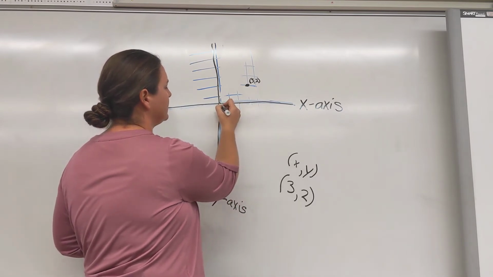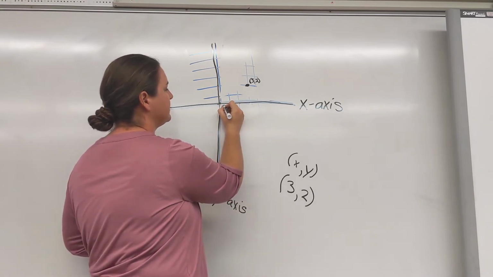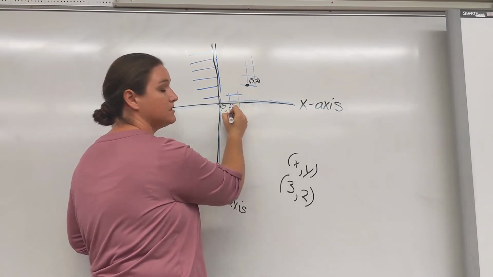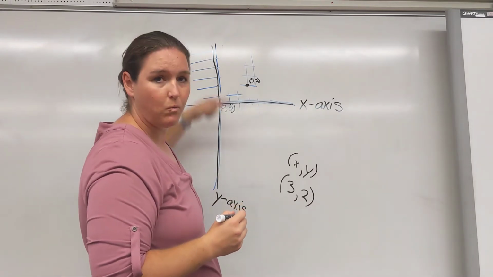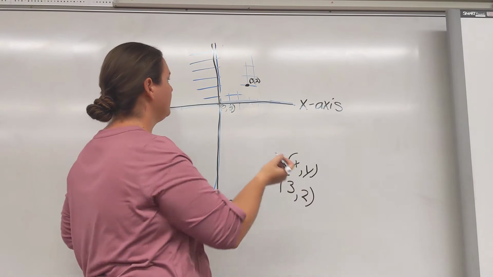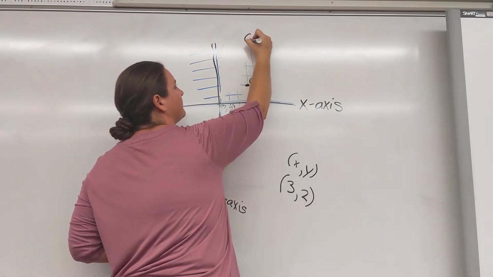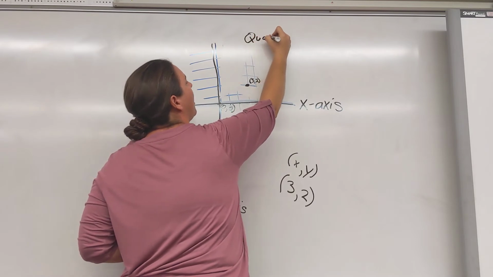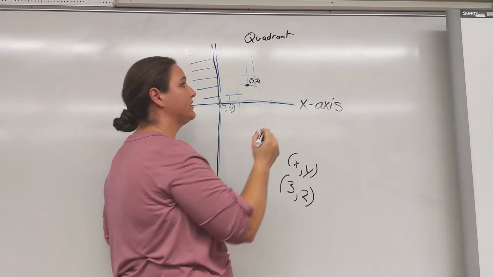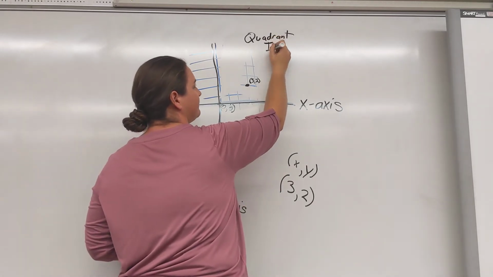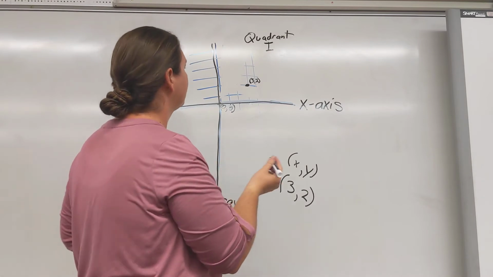So this is our point of origin, so we have 0, 0, which means you're not moving x at all, and you're not moving y at all. This quadrant is called quadrant 1. And usually they'll use Roman numerals, okay?